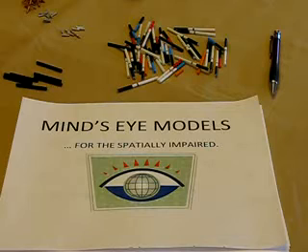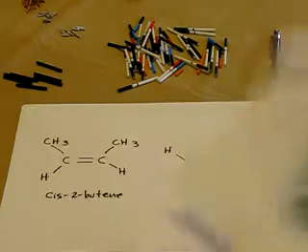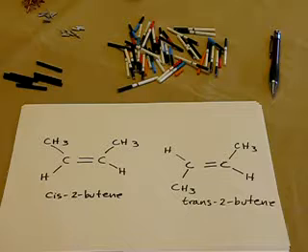For the spatially impaired. Today's discussion is going to revolve around geometric isomers in molecules. Specifically, we're going to talk about cis and trans molecules. When carbon-to-carbon bonds form double bonds, the formation of cis and trans isomers becomes a possibility.